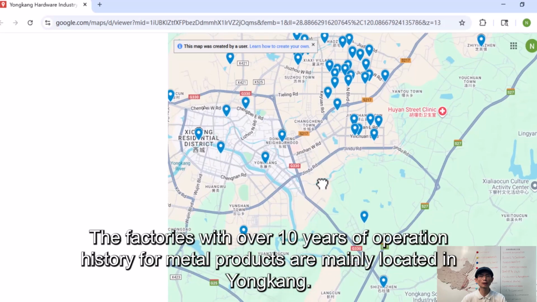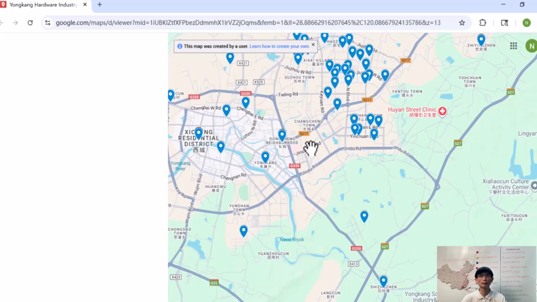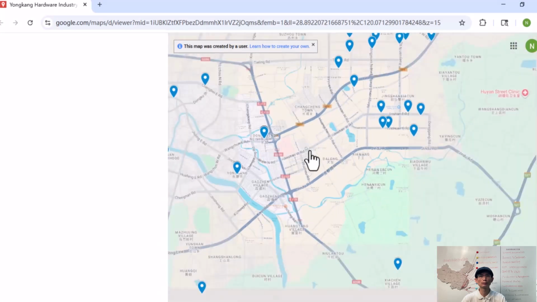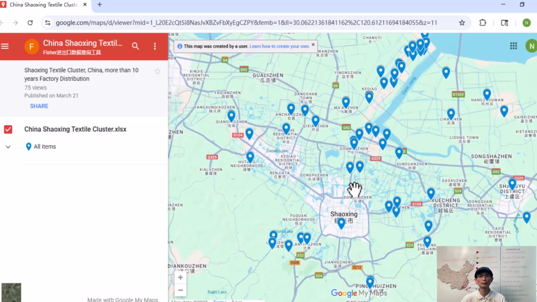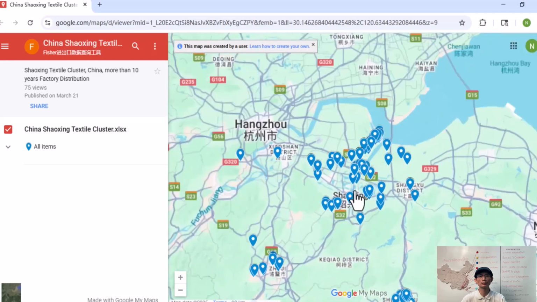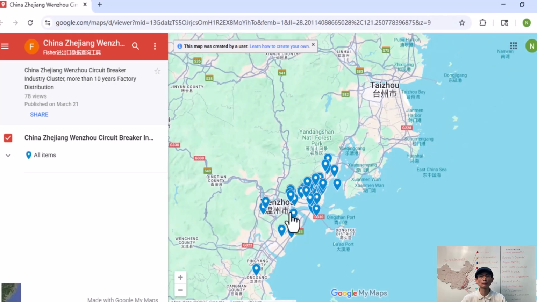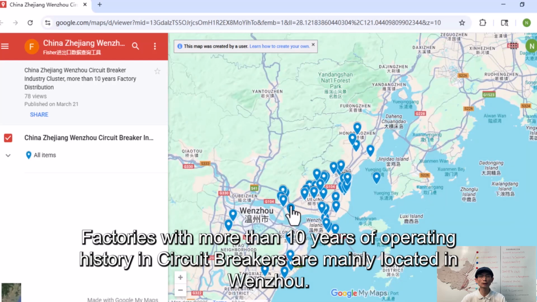The factories with over 10 years of operation history for metal products are mainly located in Yongkang. Factories with more than 10 years of operating history in textile products, mainly located in Shaoxing. Factories with more than 10 years of operating history in circuit breakers are mainly located in Wenzhou.